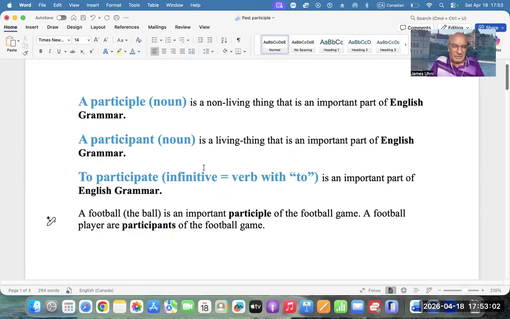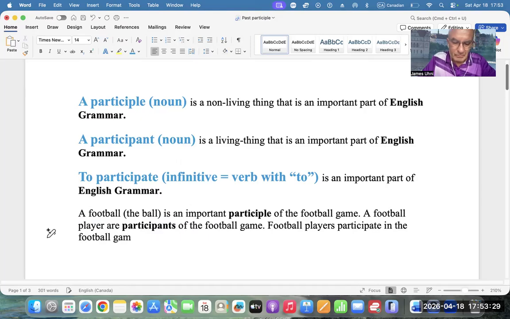Oh, too big a space. Football players are participants of the football game. And then we have football players participate in the football game.